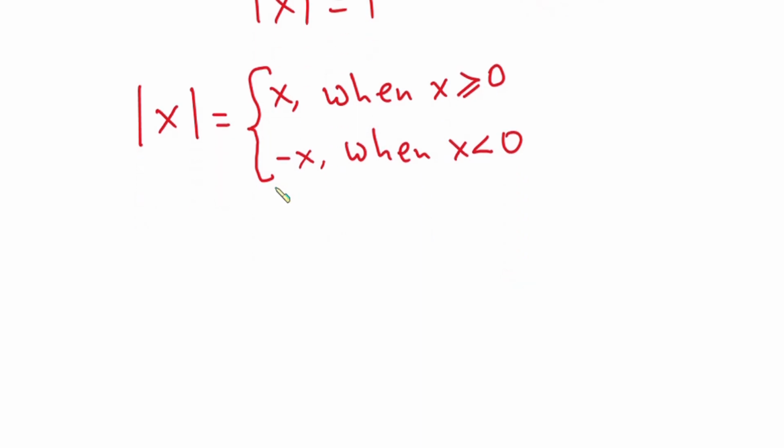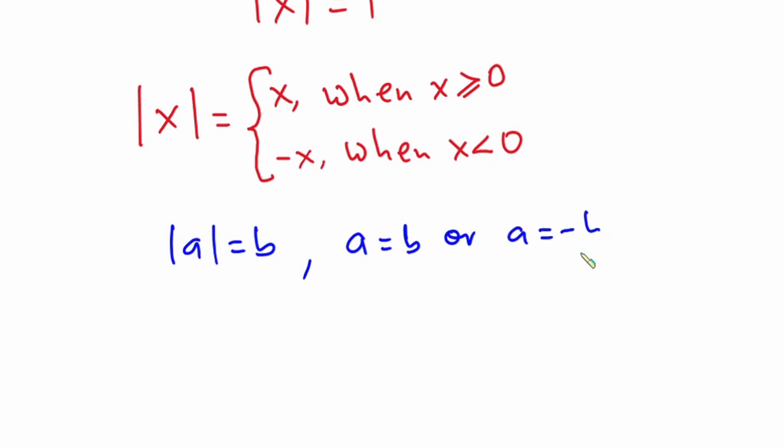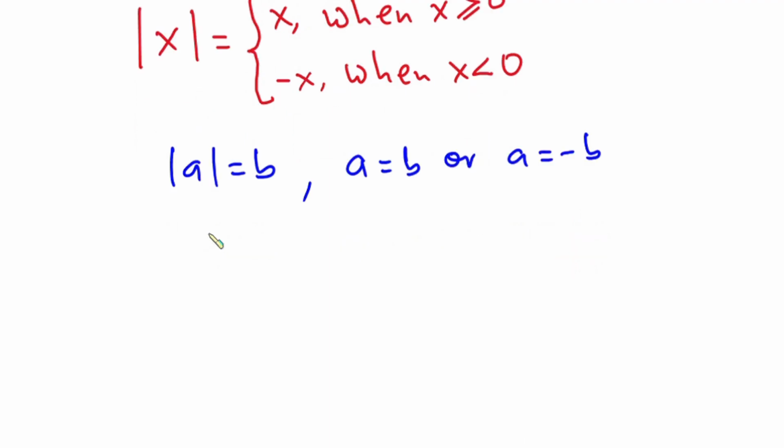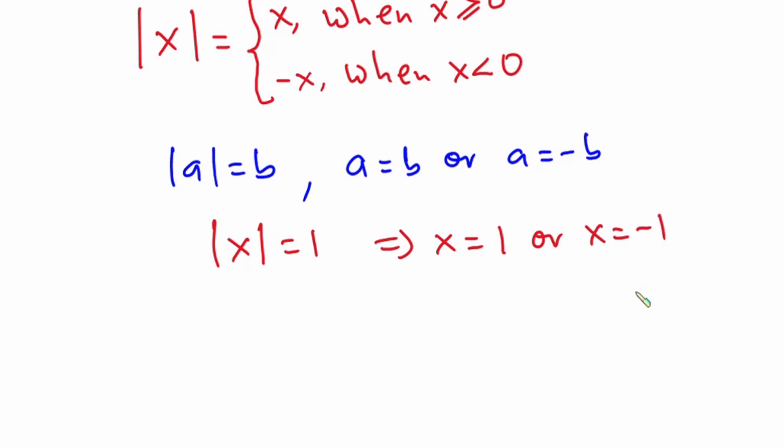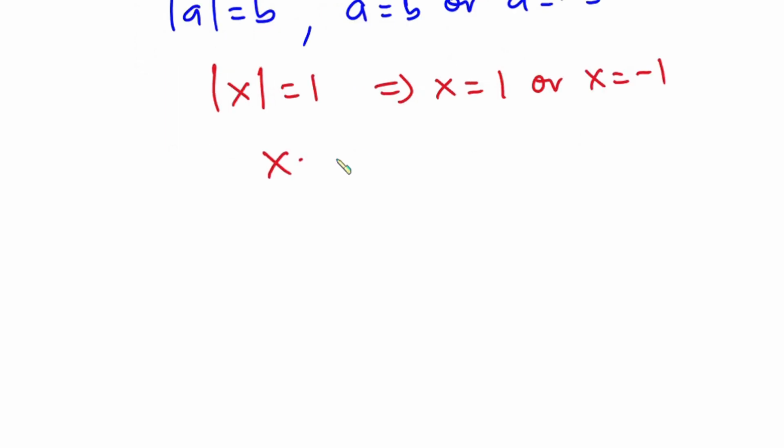Now from this piecewise idea, it means that if I have the absolute value of a equals b, then it means that either a is equal to b or a is equal to negative b. Okay? So this implies that the absolute value of x equals 1 also implies that x is equal to 1 or x is equal to negative 1. So we can say that the other solution to this problem is x equals negative 1.